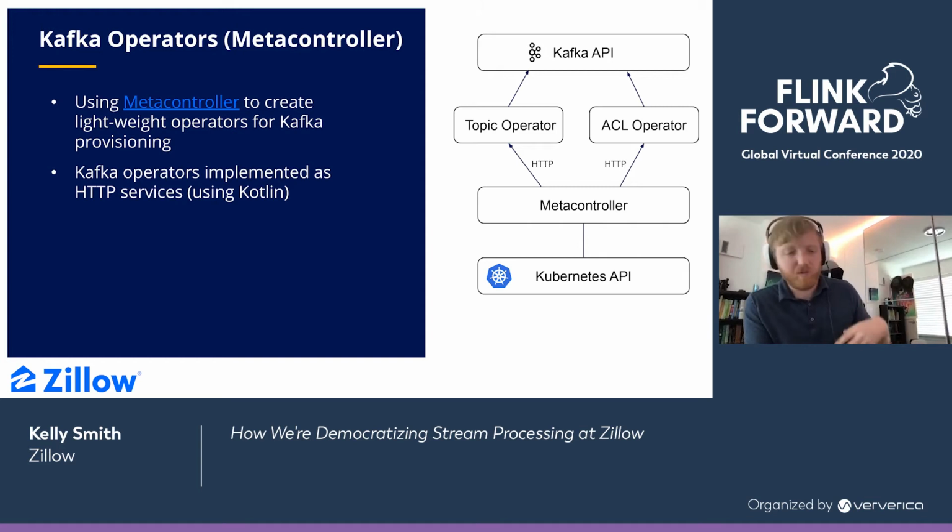So this was just the easiest way for us to get started with operator development. There are more complex ways you can go about it, where there's a whole set of SDKs for building custom operators using the Go language. But we really wanted to be able to develop it in any language we wanted. In this case, we used Kotlin, so we could plug into all the JVM SDKs for interacting with Kafka.